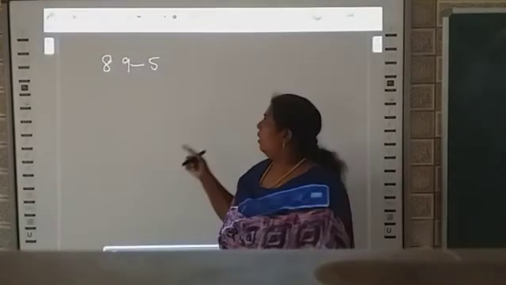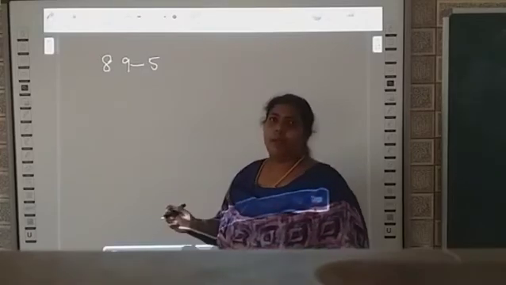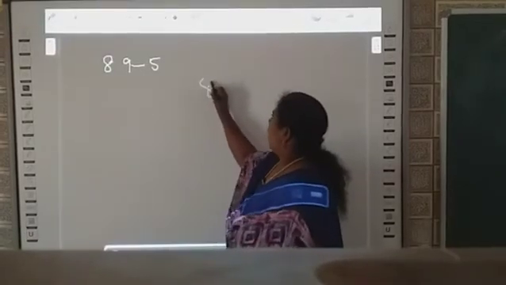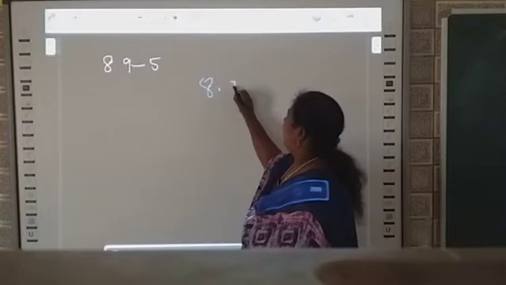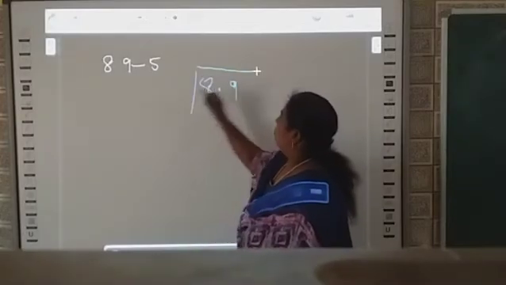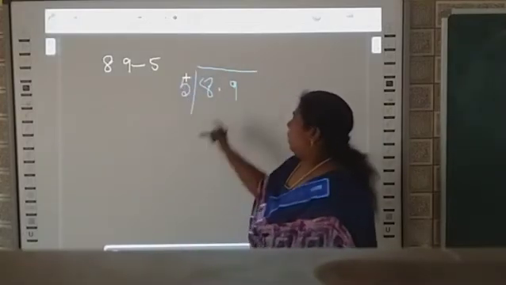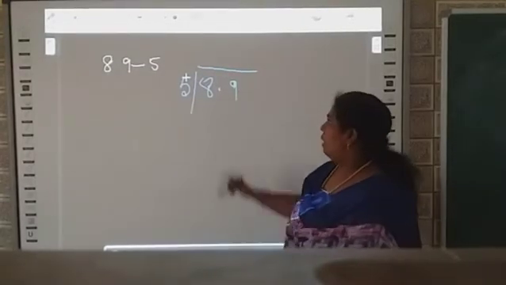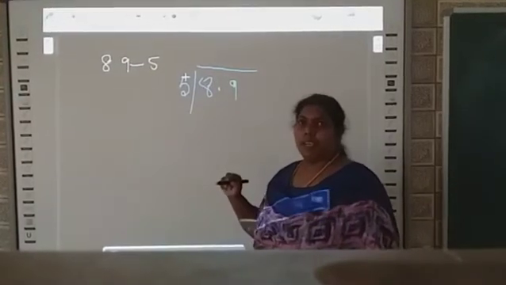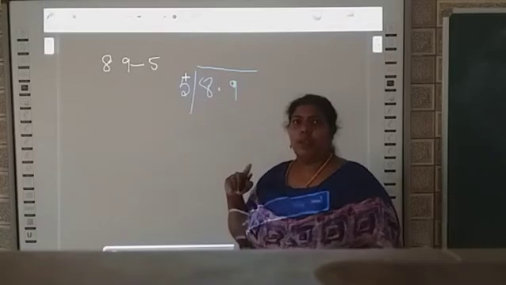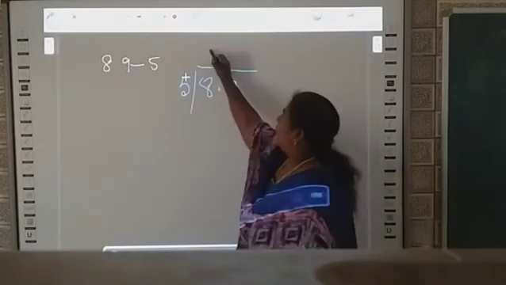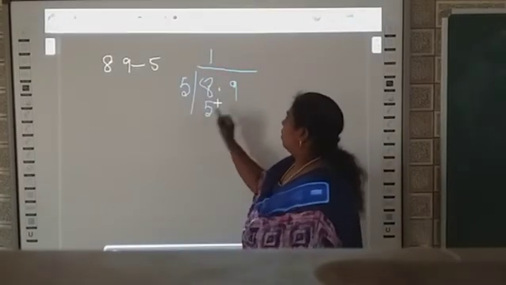Understand? Example: 8.9 divided by 5. Yes, we can divide, isn't it? Because the dividend is the greater value. So how many times 5? Only 1 time. 1 five is 5.